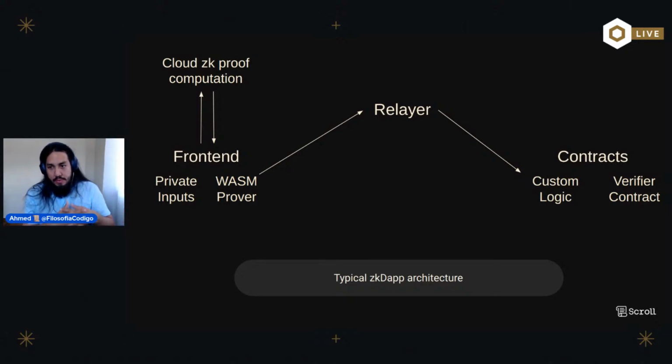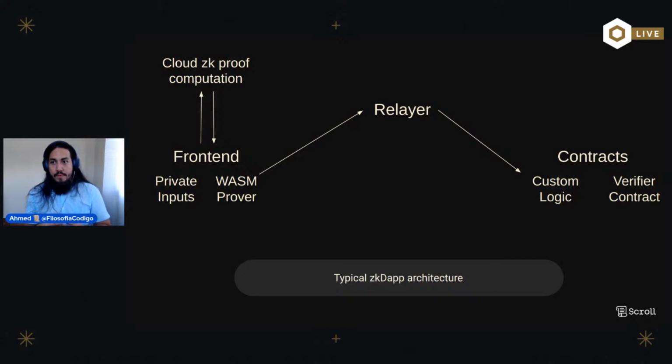And sometimes you will also maybe need a ZK proof cloud computation service, because generating a proof from your front end is sometimes very slow and very resource intensive. Imagine you're building an application and generating a proof on your phone, it will take too much time.